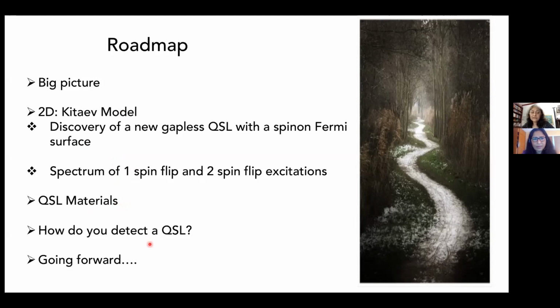And then, of course, the key question of how do you detect a spin liquid? And this is a big discussion, and we'll only be able to touch on it. But this is something, with people doing NMR in the group joining in today, this could be really a good point of discussion later going forward.